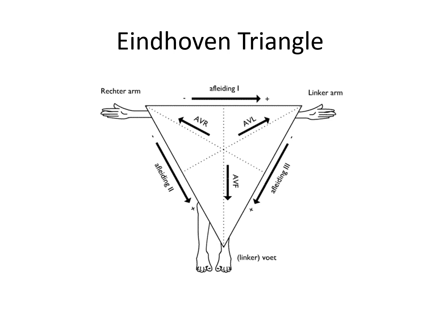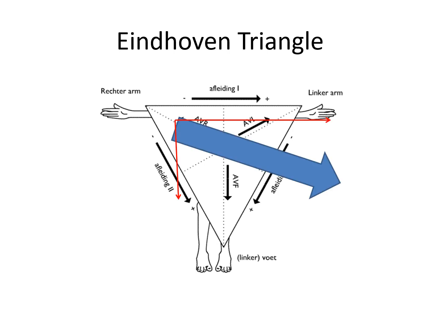And then you have lead 3, which looks down and to the right. We also have the lead AVR, which looks up and to the right. That would be a very unusual axis. So most of the time, we don't have to include AVR in our analysis, with some important exceptions, which we will come to later.